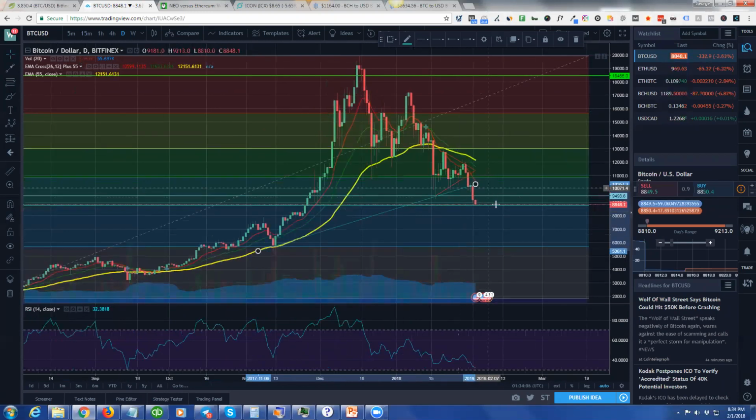But again, this is a natural correction, right? And remember that we went up just as quick in a short period of time, right? So we were at like $5,000 in November, and within a month and a half, we went up to 20,000, right? That's just not sustainable, right?